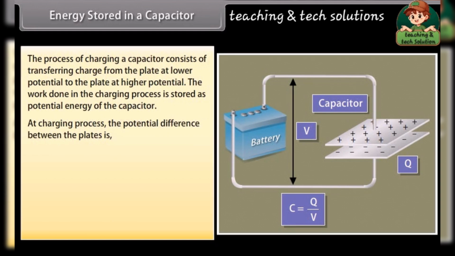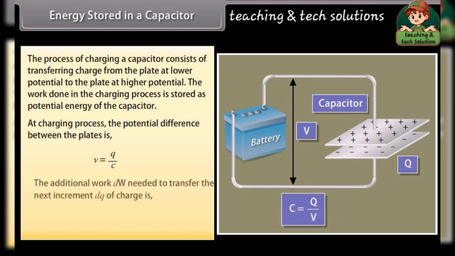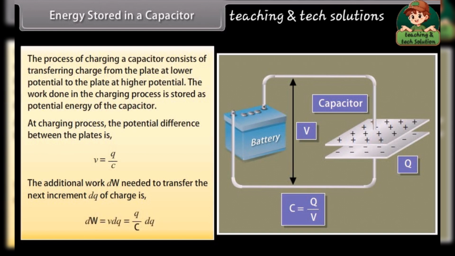At charging process, the potential difference between the plates is V equal to Q by C. The additional work dW needed to transfer the next increment dQ of charge is given by dW is equal to V dQ, which is equal to Q by C into dQ.